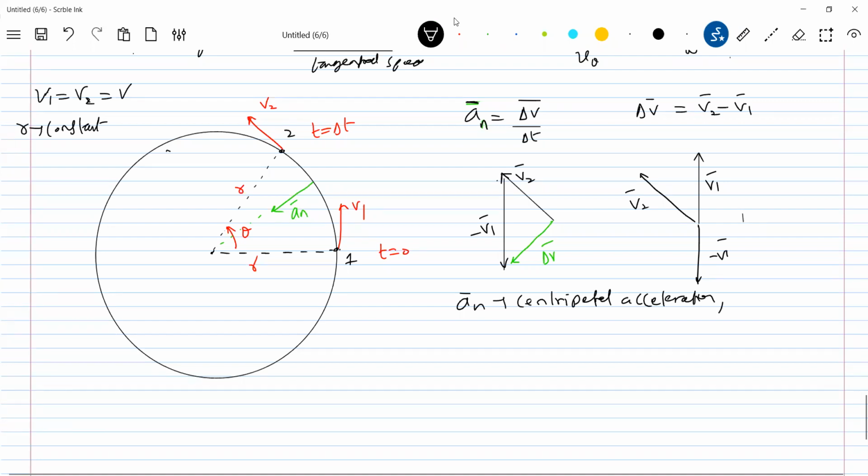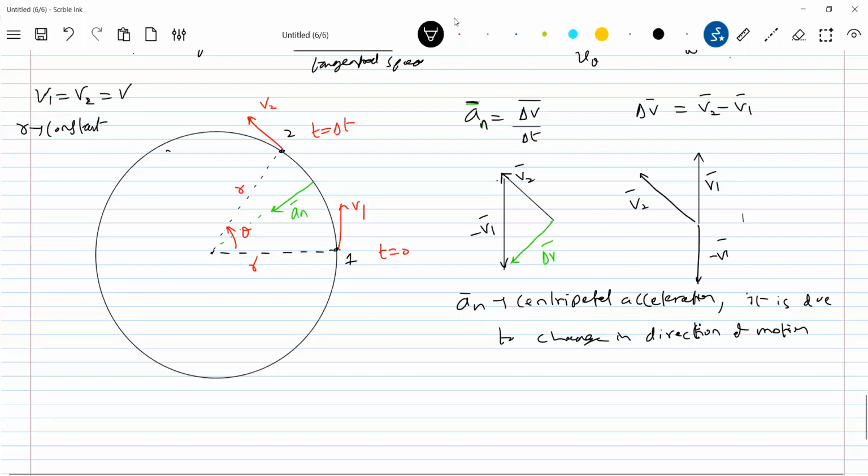Why is there this acceleration? It is due to change in direction of motion, not due to change in speed. It's purely due to change in direction of motion. So due to change in direction of motion, there will be one acceleration directed towards the center. That is what we call centripetal.